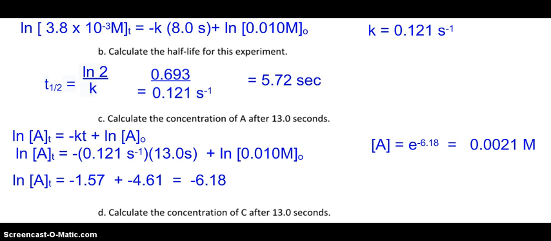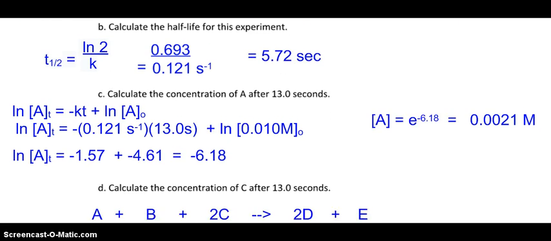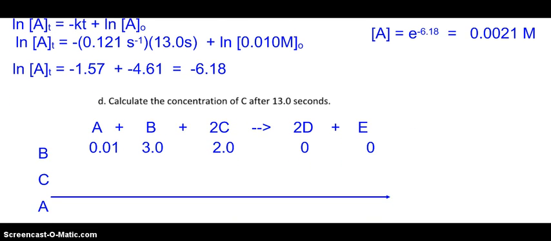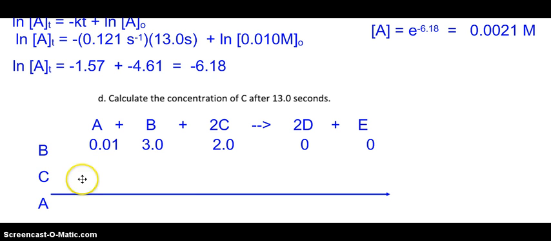Now, I really like question D. To me, this is what really ties this in. How does C relate? Well, we're not talking about C, we've been talking about A this whole time. So how do I incorporate C? I do that by setting up my BCA table. So here are my initial concentrations. Notice that this is the concentration I came up with after 13 seconds.